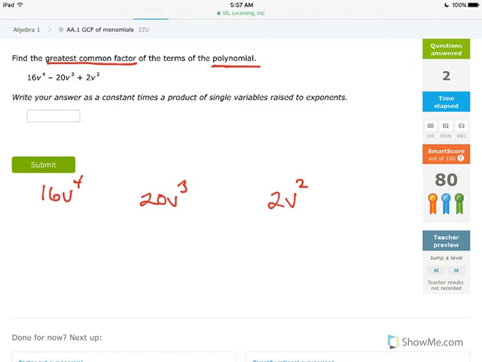So the number 16, we know that's going to be a 4 and a 4. And the 4 and 4 can each be broken down into 2 times 2. So 2 times 2 times 2 times 2 makes up a 16.